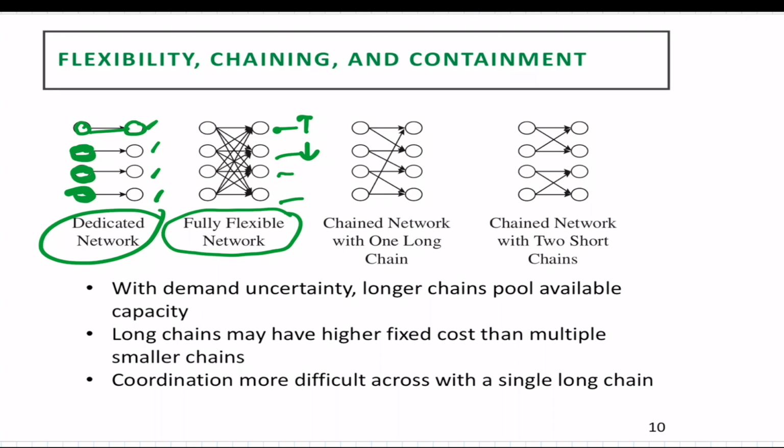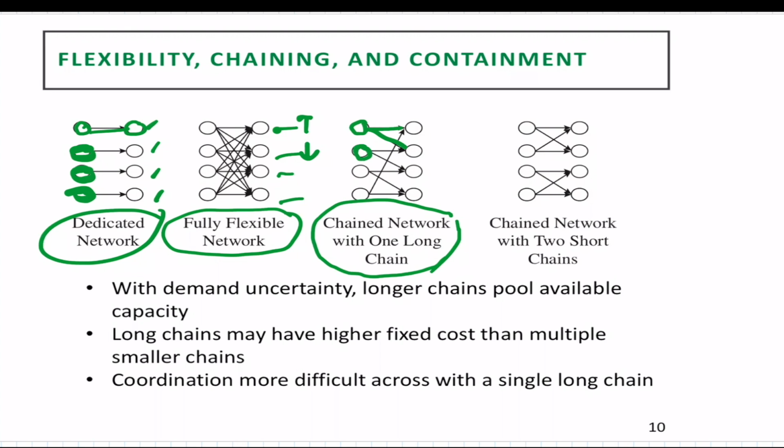But this also increases the cost because now each plant has to be flexible enough to produce 4 different types of products. Now, one suggestion to reduce cost is to make use of a chained network with one long chain. What happens here is plant 1 is able to produce product 1 and product 2.